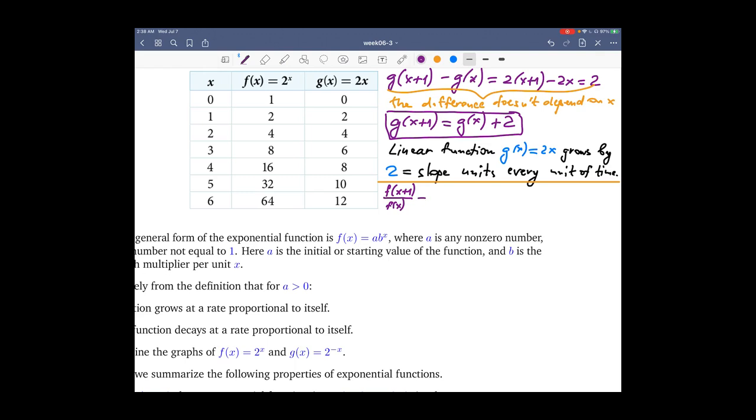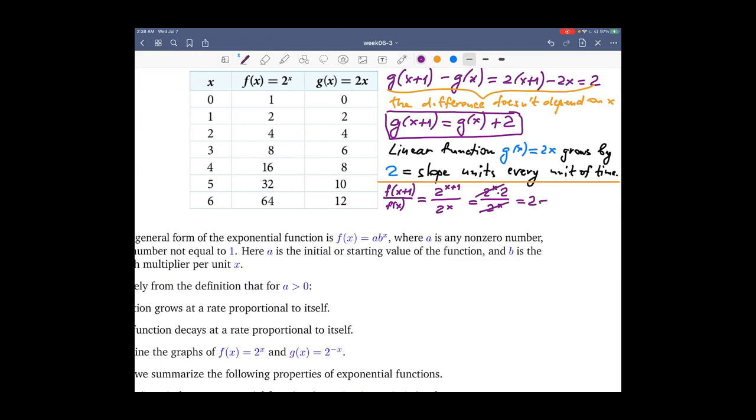And indeed, f at time x plus 1 is 2 to the power x plus 1, and f at time x is 2 to the power x. Simple algebra shows that 2 to the power x plus 1 is 2 to the x times 2, and the 2 to the x cancel, so we end up with 2.